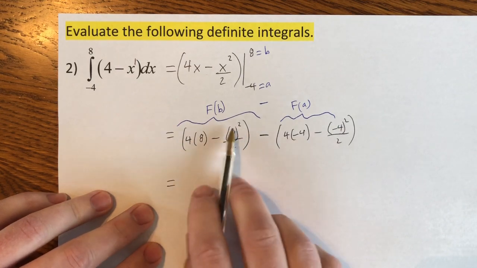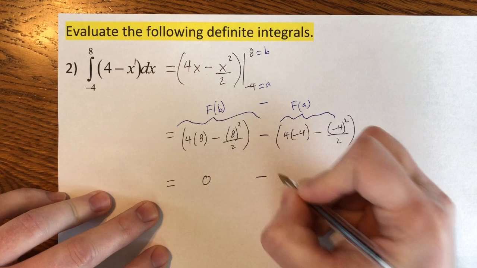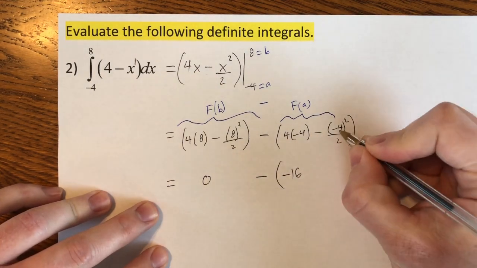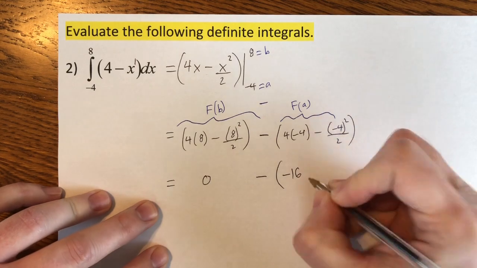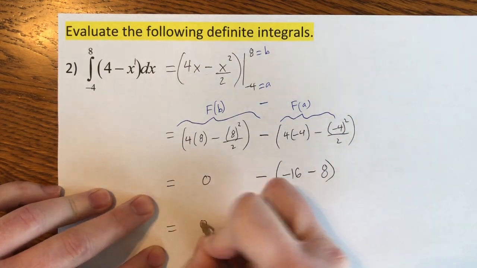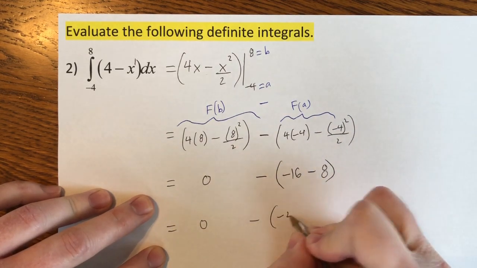All right? So, anywho, what do we get here? 32 minus 32. So that's 0. Bring down the minus. That's negative 16. This is 16 over 2, so you get minus 8. And so ultimately we get 0 minus negative 16 minus 8, which is negative 24.